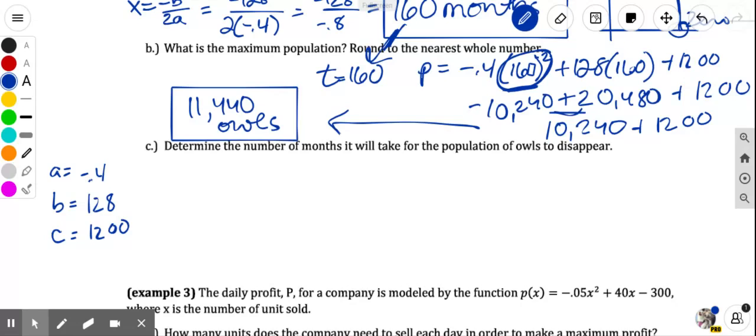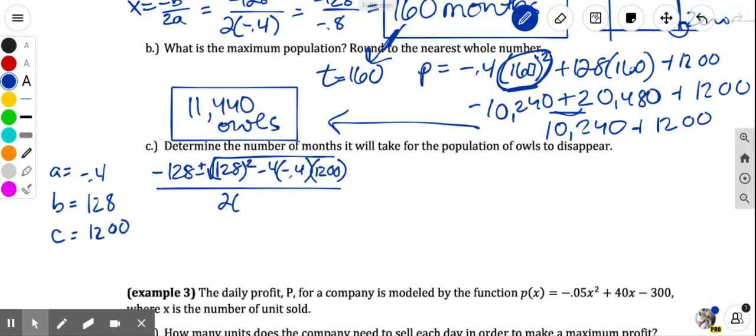Okay, so here we go. Quadratic formula, negative B. So negative 128 plus or minus big square root 128 squared minus 4 times A, which is negative 0.4, times C, which is 1200, all over the whole thing, 2A. So 2 times negative 0.4.